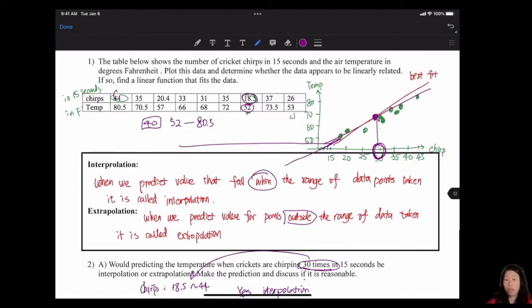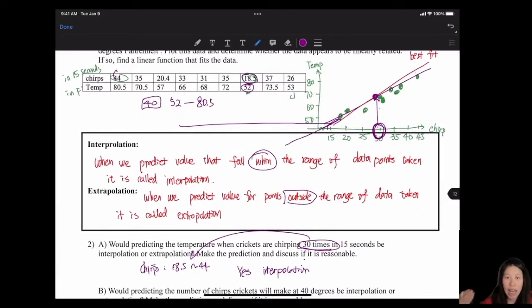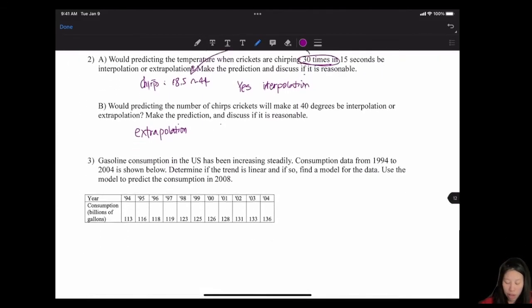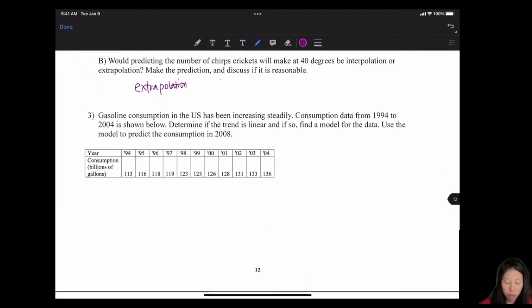Either way, maybe the model is going to change. We don't know yet. Yes, we can still use the model to predict how many times he chirps at 14 Fahrenheit degrees, but it might not be accurate because we didn't connect the data outside of 52. Okay, so it's not going to be reasonable.